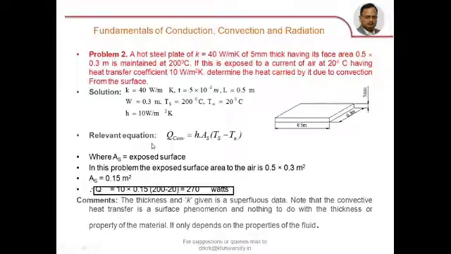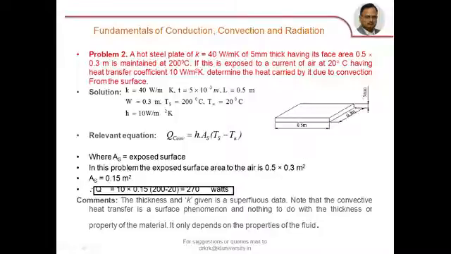The relevant equation is Newton's law, convective transfer Q equal to h A delta T, where A is the surface area. So here the surface area exposed to the motion of air or the molecules of air is 0.5 into 0.3, that is 0.15 meter square, and Q is equal to h, 10, 0.15, Ts minus T alpha, 200 minus 20, which is equal to 270 watts.